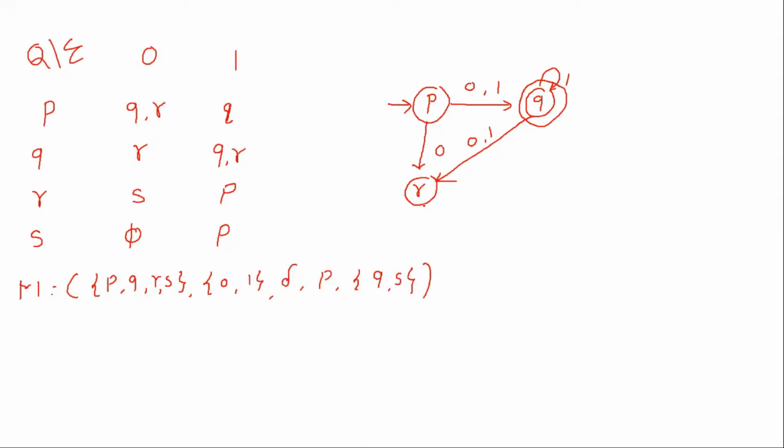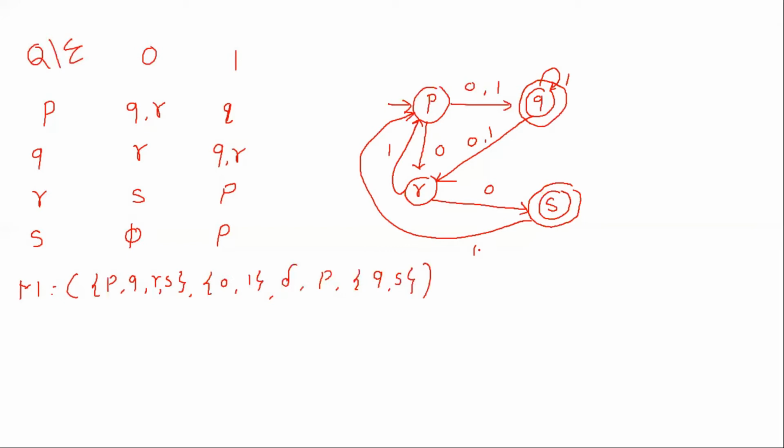Then R state for the input 0 goes to S. S is also a final state. Then for input 1, it goes to P. Then S for 1 again goes to P. So this is the NFA from the given transition table.